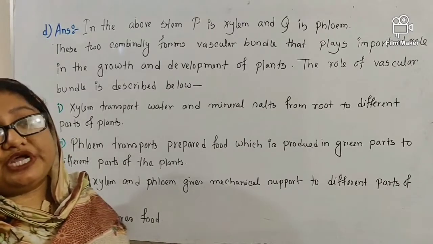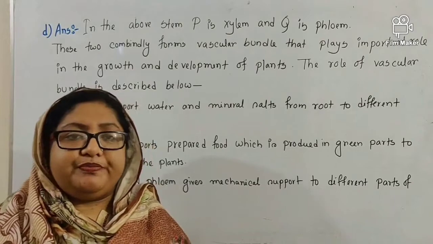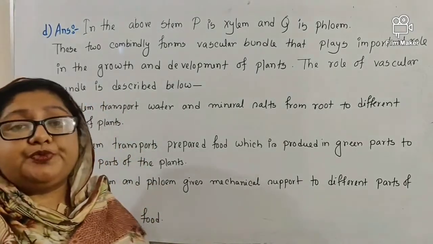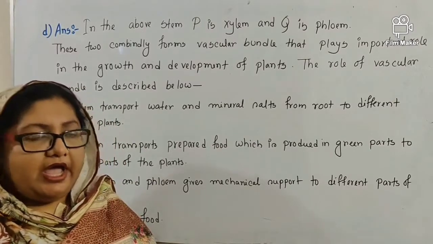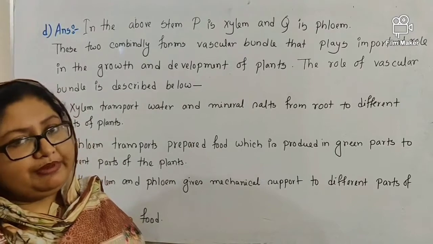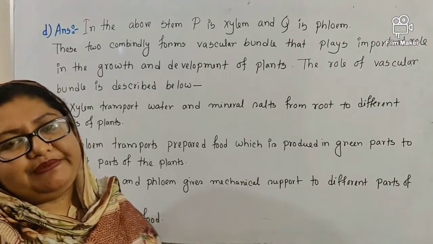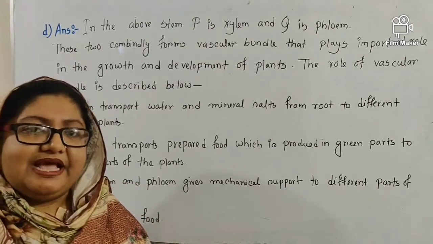First point, xylem transports water and mineral salts from the root to different parts of a plant. Number 2, the phloem transports prepared food from green parts to different parts of a plant. Number 3, both the xylem and phloem give mechanical support to different parts of a plant.